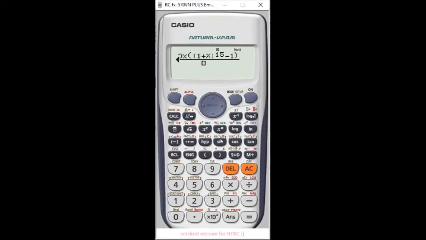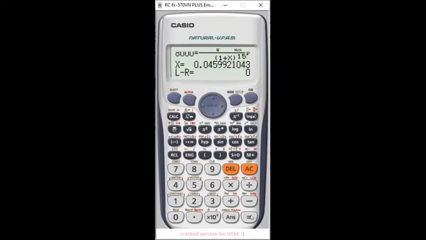Then close. Then all over, open parenthesis 1 plus alpha X raised to 15 times R. Let's replace it with X since there's no R here. Then shift, then CALC. Solve. Solve for X, then you click equals.